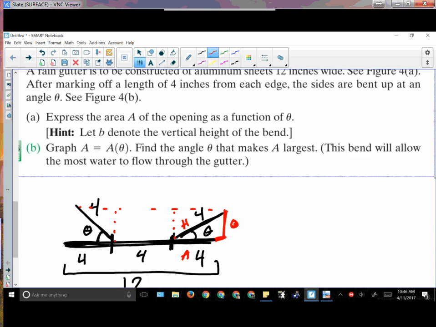If I want to find the opposite, and I've got a theta, what information do we have? We have hypotenuse and opposite, so that's going to be sine. So the sine of theta is going to be equal to what? Isn't that opposite over 4?